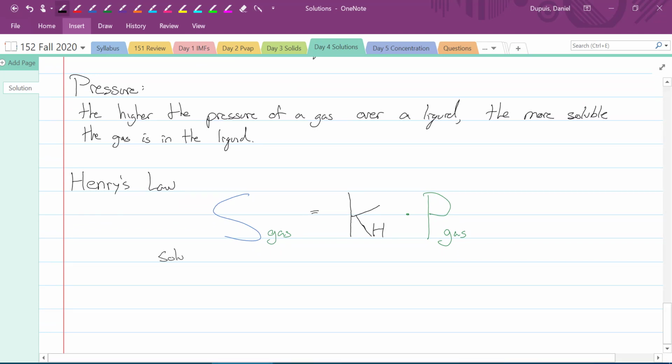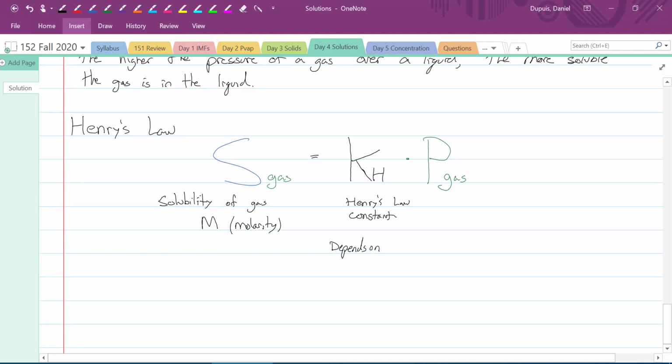This is the solubility of the gas, usually in molarity. This is Henry's law constant, and it depends on three things: temperature, what solute we're talking about, and what solvent it is.